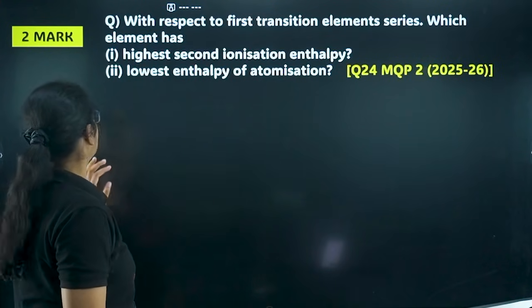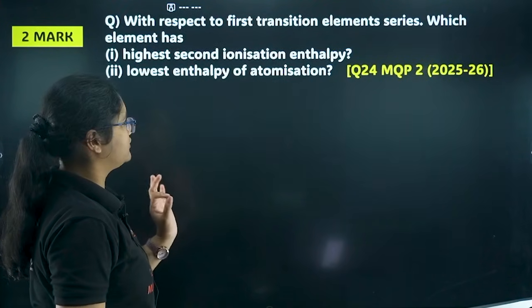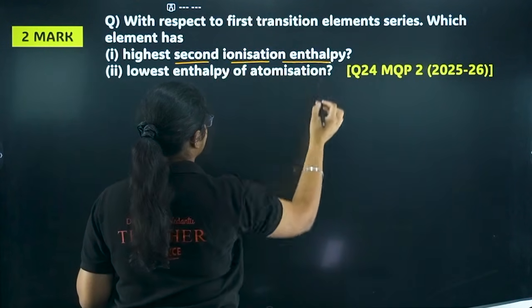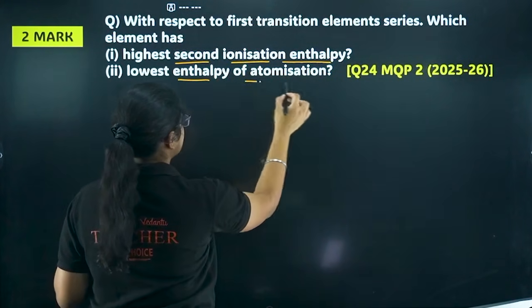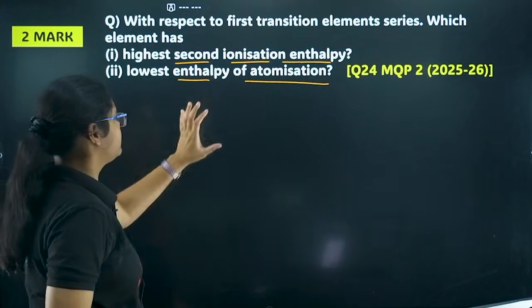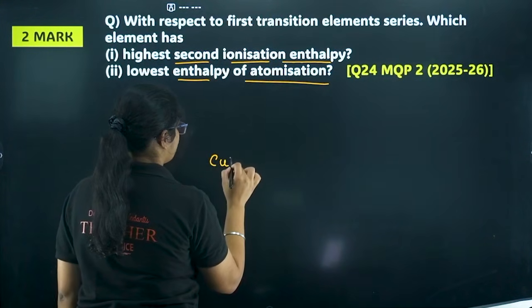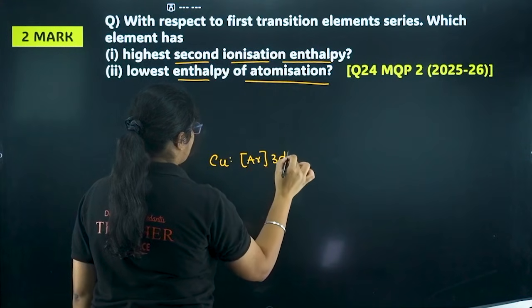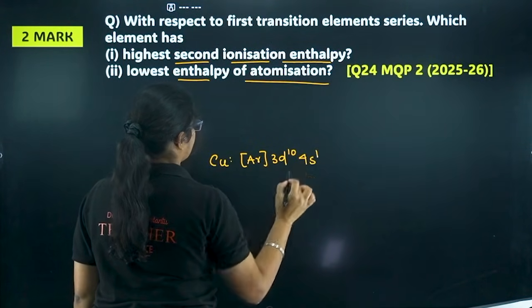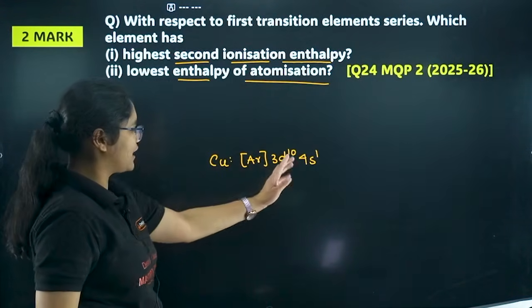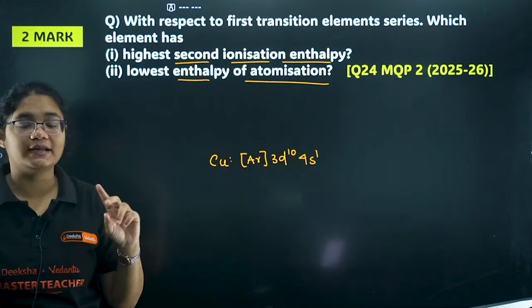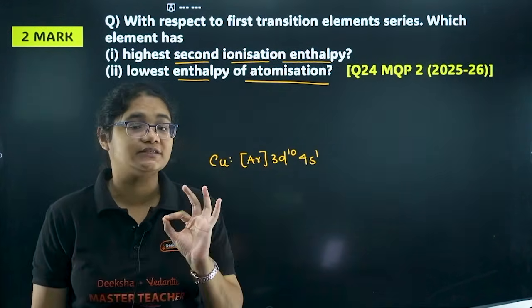Now we will move to a 2-marker question with respect to the first transition series. Which element has the highest second ionization enthalpy and lowest enthalpy of atomization? If you see, copper's electronic configuration is what? You have argon, then you have 3d10 and 4s1. Right? For the second ionization, once you remove this 4s electron, then you have to remove the second electron from the d10 configuration, which is highly stable.